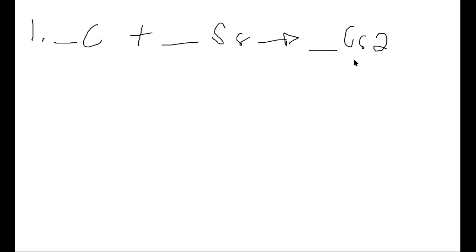We can already see that the number of carbons are 1 on the left side and 1 on the right side. But then we have the sulfur that is 2 on the right side and 8 on the left side. In order for us to balance the sulfur here, we're first going to balance the sulfur because the carbon, we're not going to touch that first, okay?